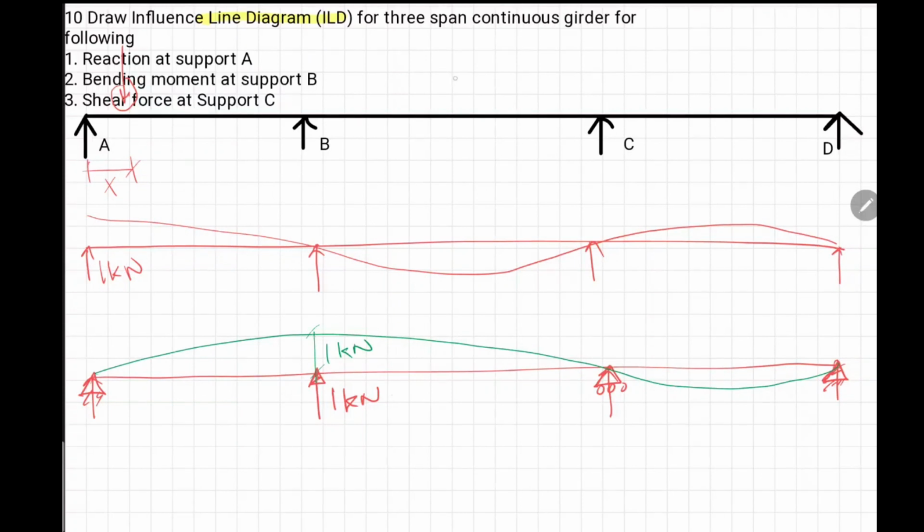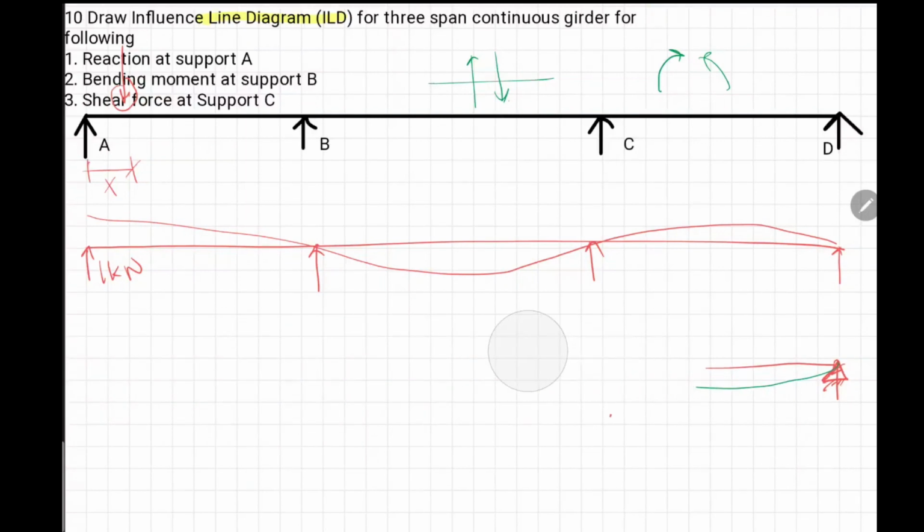And for shear force we apply 1 kilonewton shear, and for bending moment we apply a 1 kilonewton meter moment. So it is asked, the bending moment at support B influence line diagram.